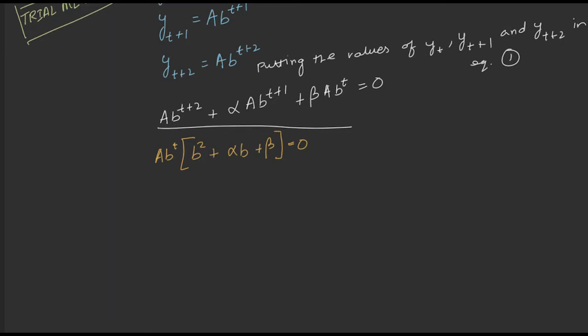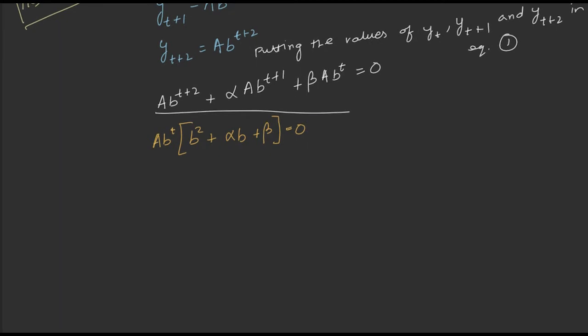B square plus a constant times b plus some constant equals 0. The a b to the power t factor goes away, and we are left with b square plus alpha b plus beta equals 0. Therefore we get a quadratic equation. This equation is called the characteristic equation.